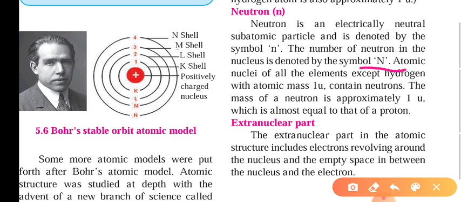The atomic nuclei of all the elements except hydrogen with atomic mass 1 u contain neutrons. Hydrogen with atomic mass 1 is the only atom not having a neutron; the rest all have a certain number of neutrons, and that number is almost equal to the number of protons.